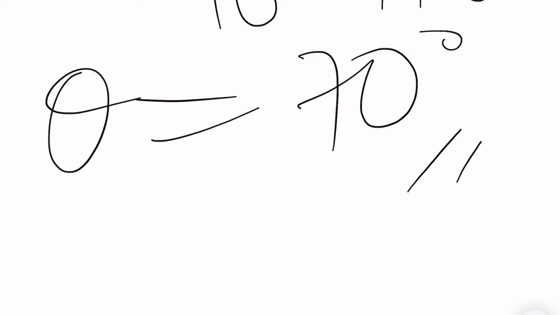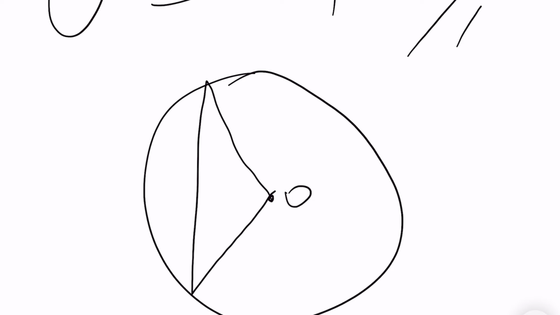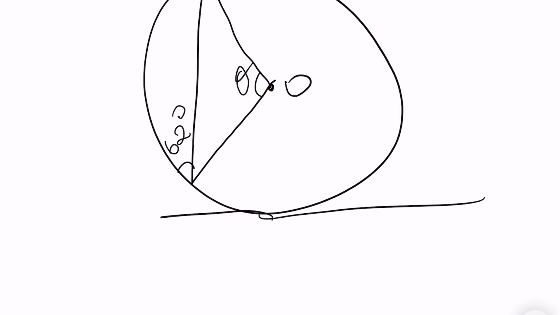Now, for the next example, we have a circle where we have a point O, theta, and 62 degrees, with the line P, T, and B. So here we already have our angle, which is 62 degrees, and we have our theta.